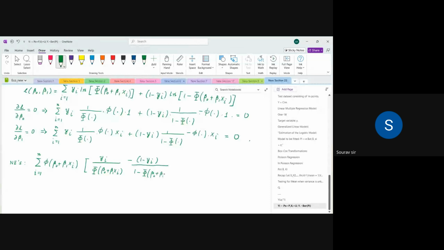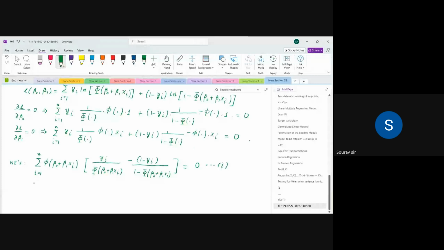Right? Correct. Got it. Okay. So this is your equation 1. And what about the second one?